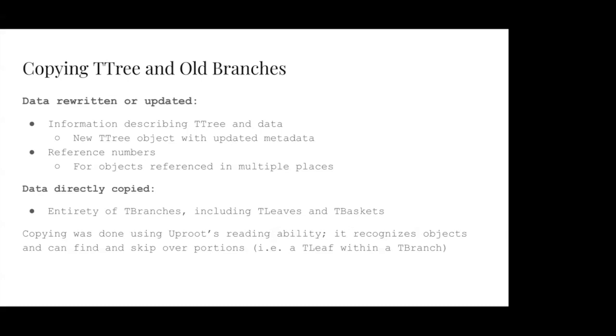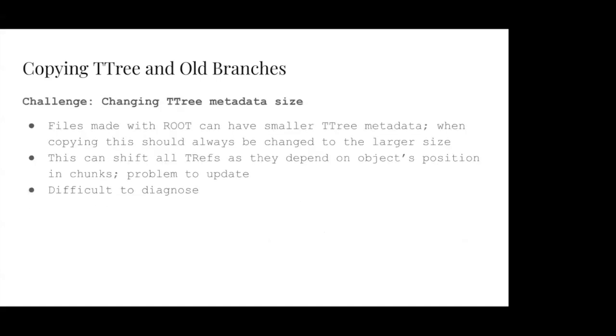So I was able to find the beginning of a t-array of t-branches, and then easily change reference numbers. So the beginning of the t-tree is the t-tree metadata and all the old branches.